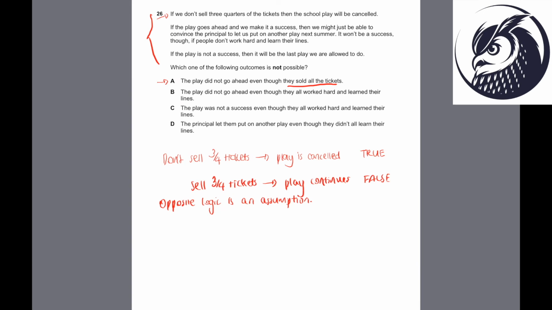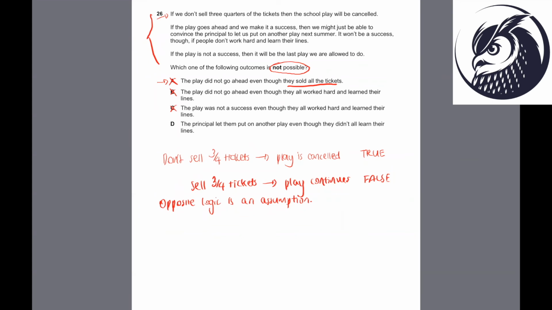It does not say that, right? So we can't actually assume that if they sell all the tickets, the play continues. Therefore, A is a possible outcome, right? And if it is a possible outcome, it can't be our answer because we're actually looking for an outcome that's not possible.